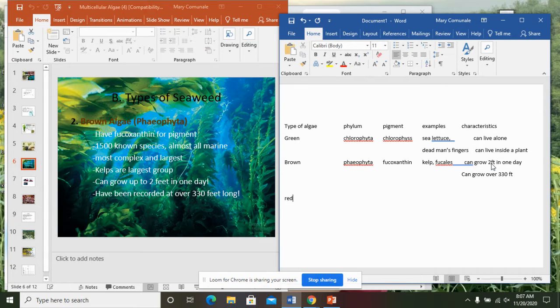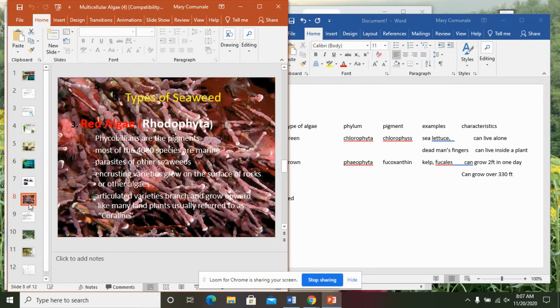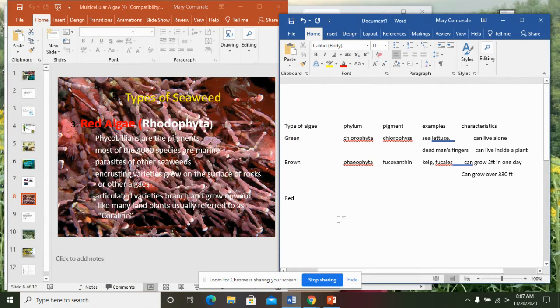The next one is going to be the red algae. So moving on down, so that's the kelp. Here's the red algae. All right, the Rhodophyta. And their pigment is that first bullet there, the phycobilins.